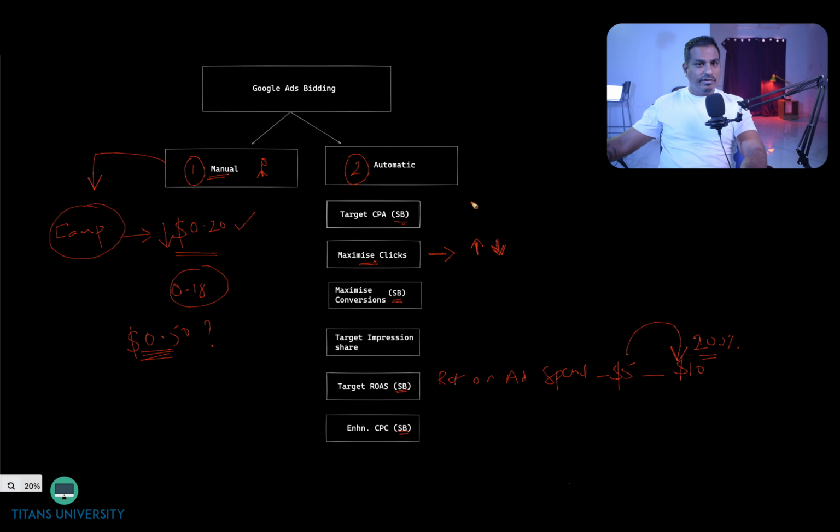Because without your manual intervention, looking at the history of data and the traffic that's coming in, using machine learning and other parameters and other technological aspects, Google will increase or decrease your bids based upon what your goal is. If you select maximize clicks, Google will only focus on altering your bids in such a way that you get the maximum amount of clicks possible for the amount of money that you're spending. That's maximize clicks.